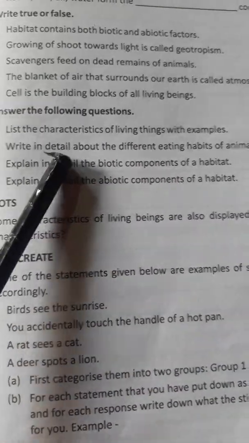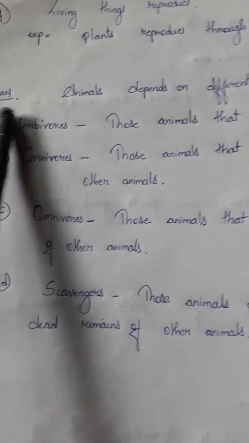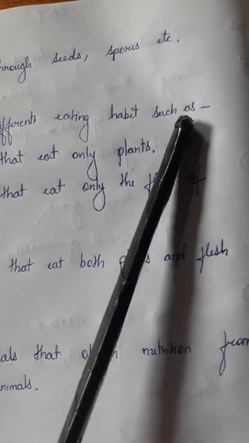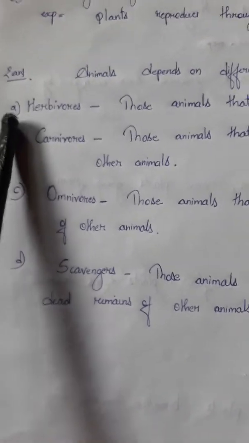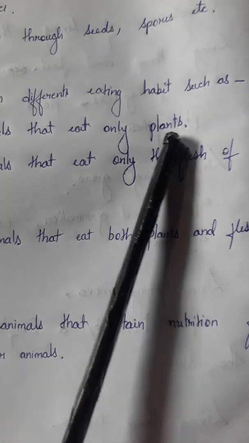Okay, now question number 2. Write in detail about the different eating habits of animals. The answer: animals depend on different eating habits such as point A, herbivorous, those animals that eat only plants.